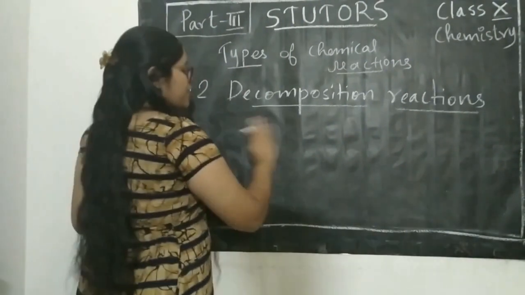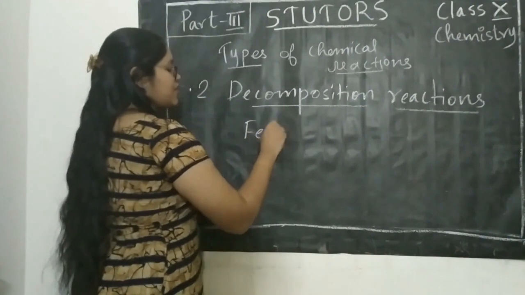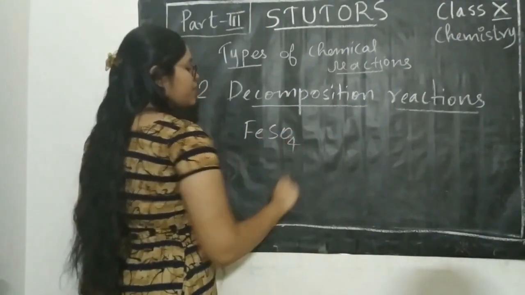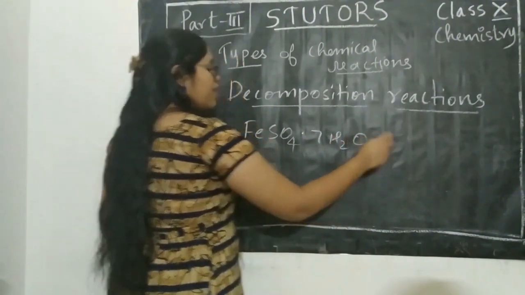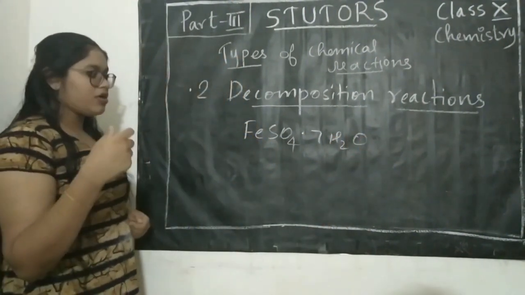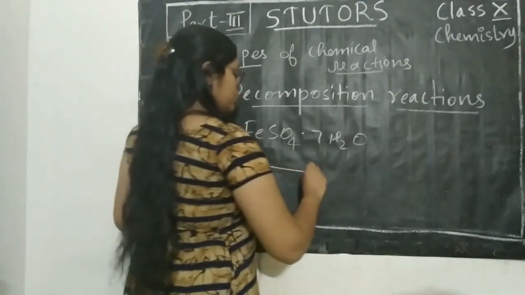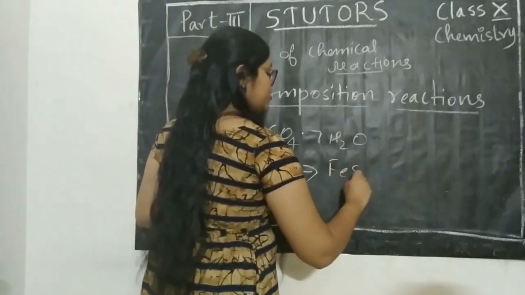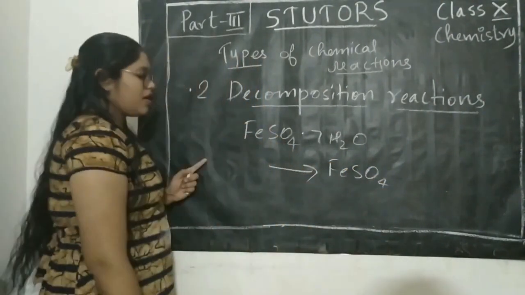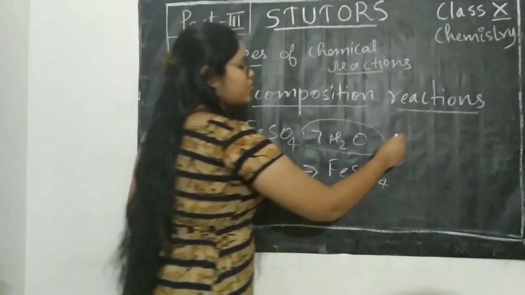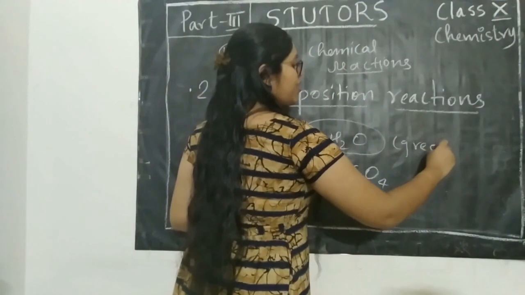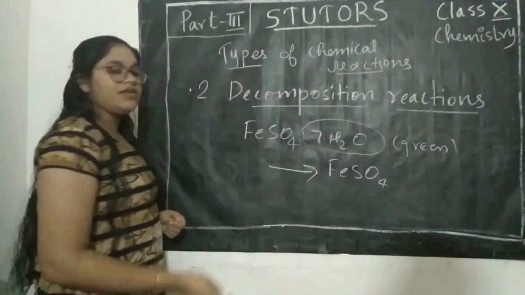Actually, ferrous sulfate crystal is present in a hydrated form, that is FeSO4.7H2O. During heating, it turns into FeSO4. The 7H2O molecules give the green color to the compound, while on heating the water evaporates.